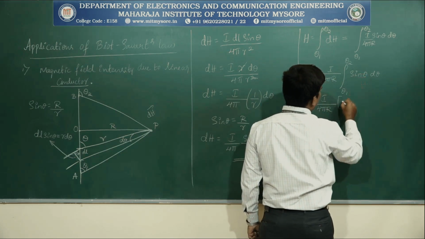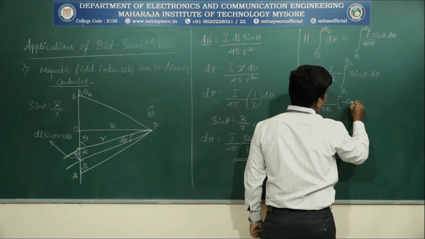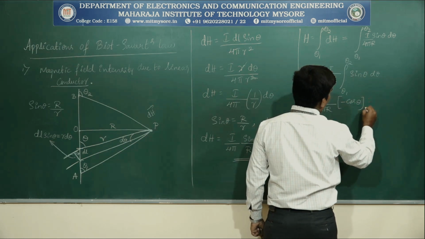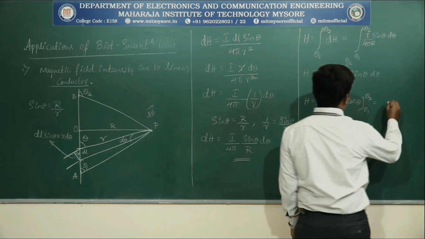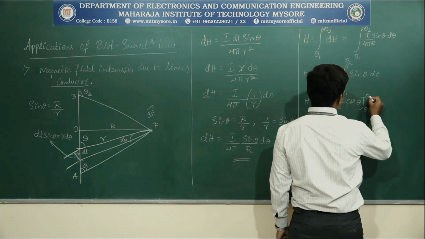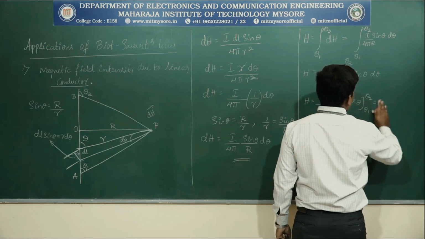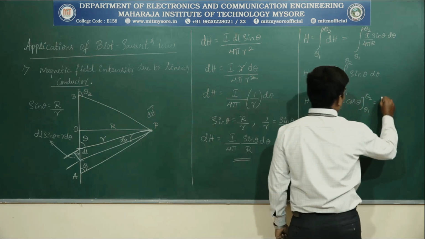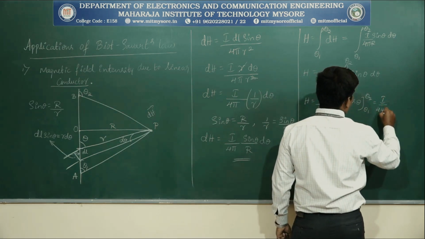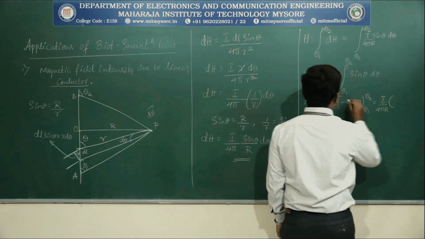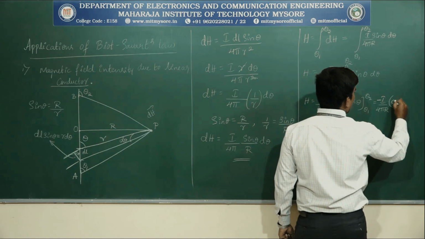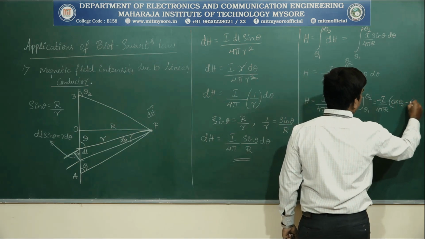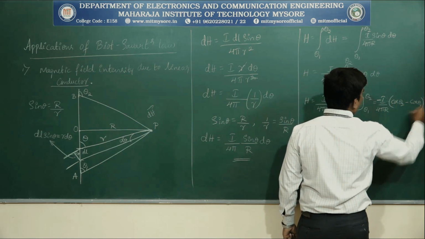What is the integration of this? Minus cos theta from theta 1 to theta 2. This can be written as, let me write here, I divided by 4 pi r into, minus is taken outside, cos theta 2 minus cos theta 1.